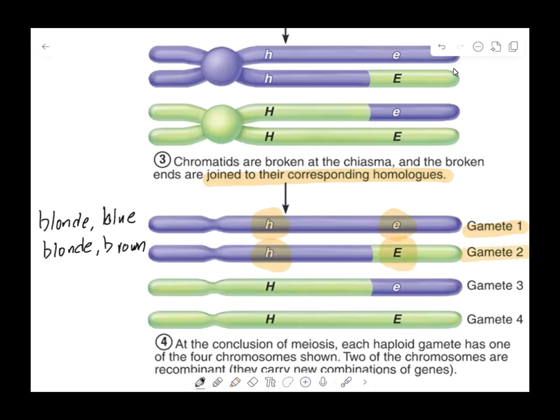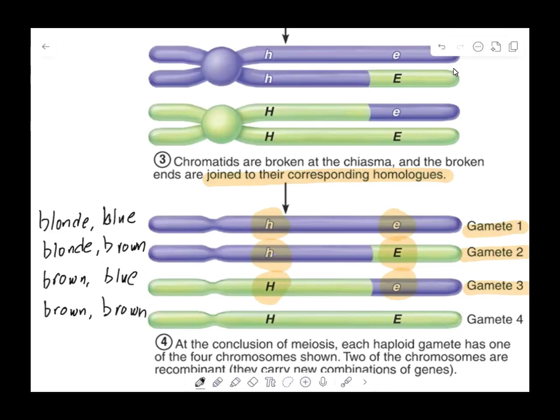The third possible gamete is going to have brown hair and blue eyes. So again, another possibility. There's a dominant allele for brown hair and a recessive allele for blue eyes. For the fourth gamete, there is an allele for brown hair and brown eyes.